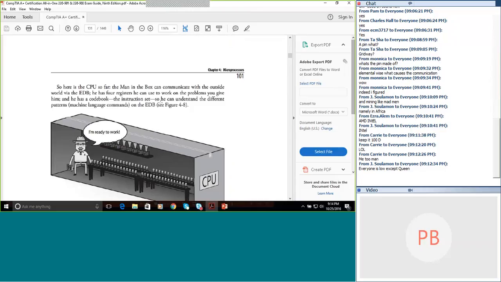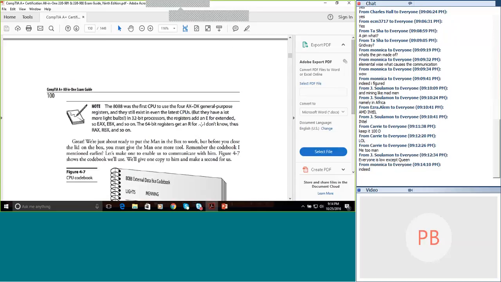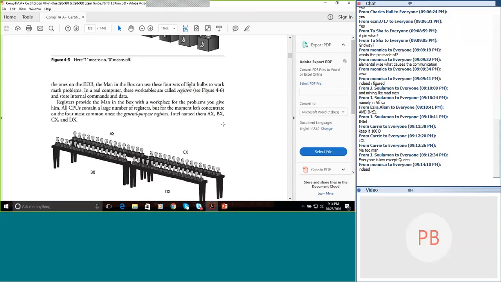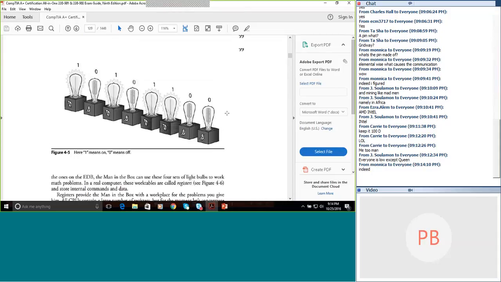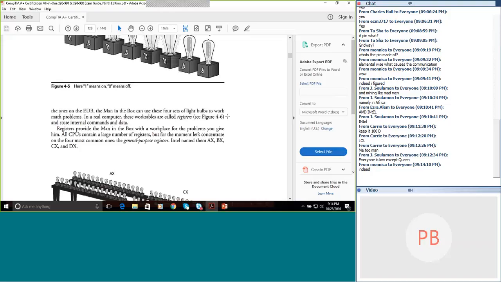From a teacher's standpoint, it's kind of difficult because it's still rolling with this man in the box type of scenario. So it really isn't defined in terms of what I need to get across to you guys.